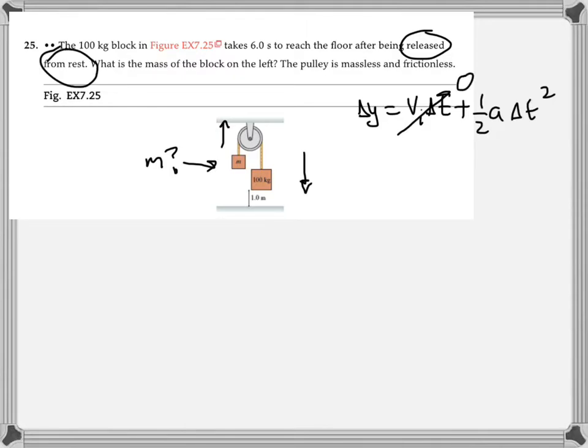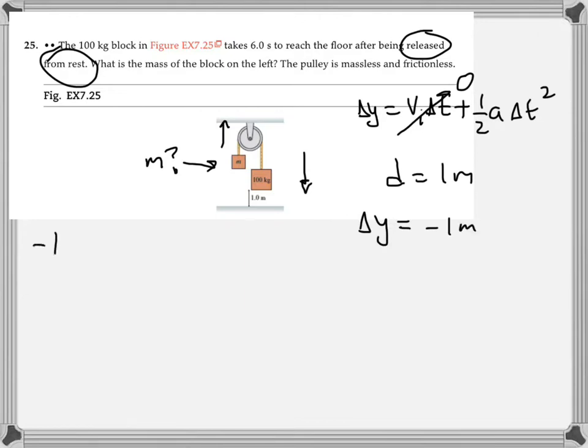We know that the distance that the block is going to travel is 1 meter. Well, if you want to be careful about this with the minus sign, you would say that delta y is going to be minus 1 meter.